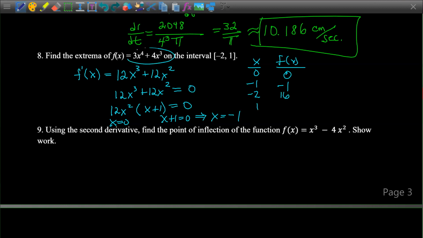And then if we put in 1, we just get 4 plus 3, which is 7. So we have a min there, and this is an absolute min on the interval from -2 to 1. And we have a max there, this is our absolute max on that interval. So those are our extrema.